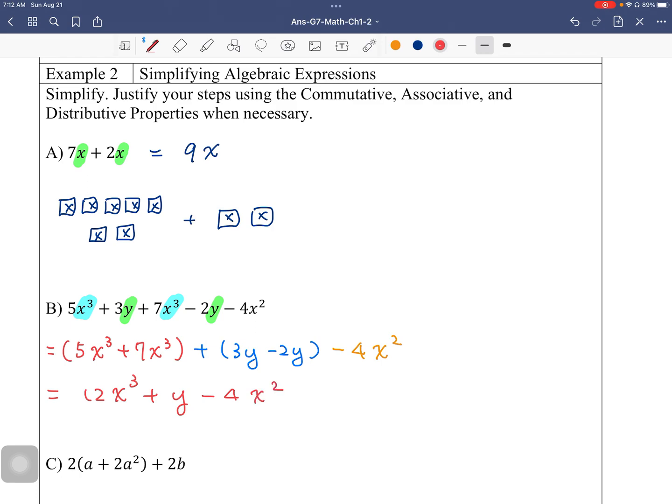Okay, and I want to write in order. When I write in order, I write the same variable and power from the greatest to the smallest. So this equals 12x cubed minus 4x squared plus y. Remember, these cannot be combined because they have different powers. So this is our final answer.